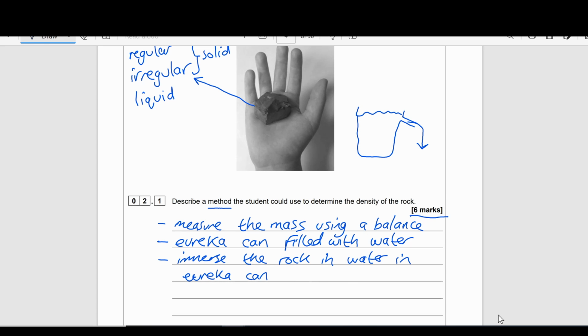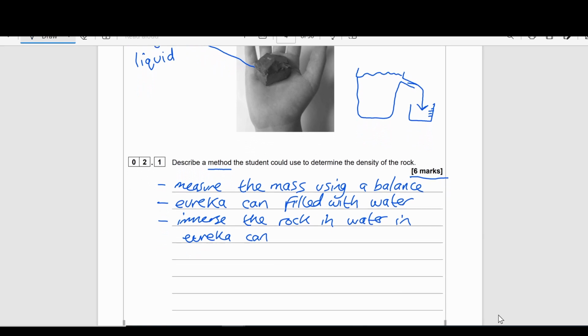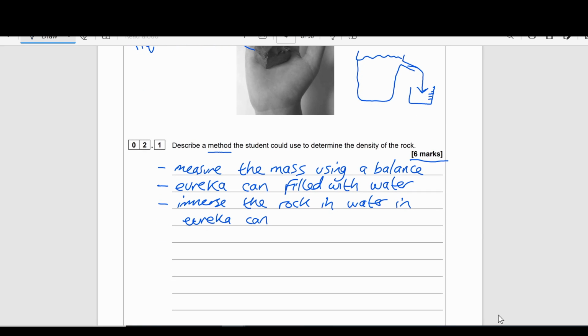So we want to make sure we've got something next to that spout which can collect the water, but also at the same time allow us to easily measure the water. So we'd have some scale on it. A standard piece of equipment that might be useful is a measuring cylinder.